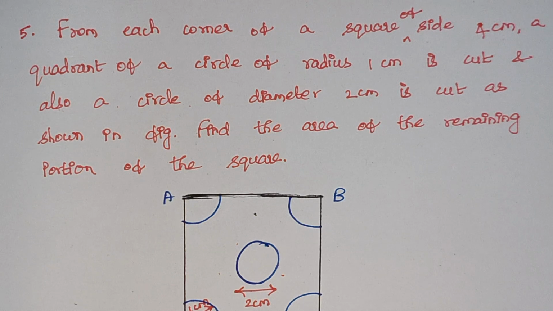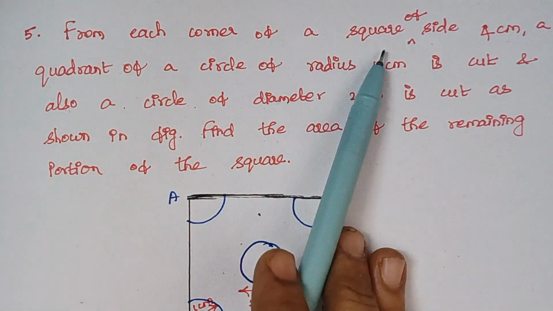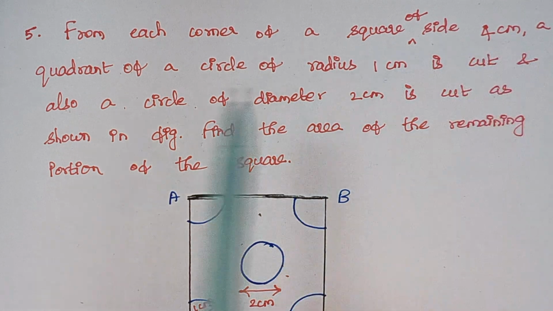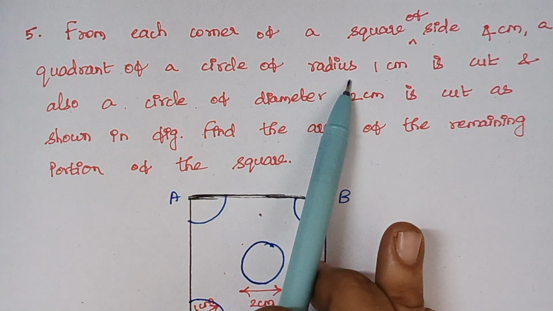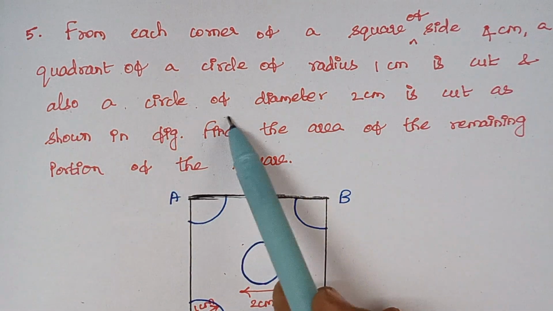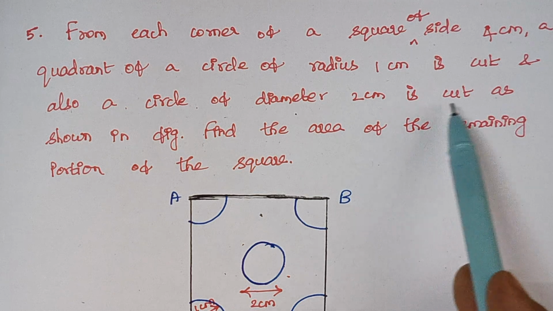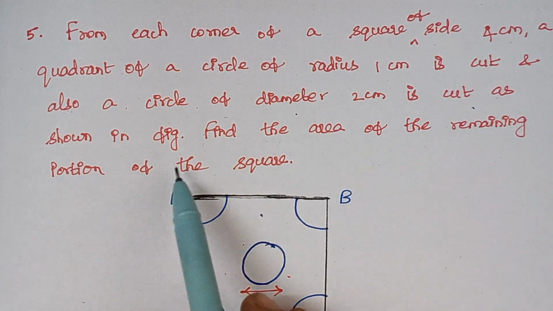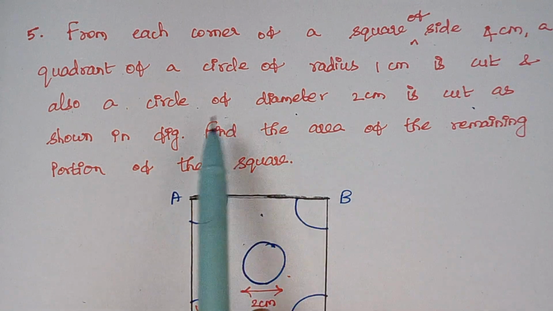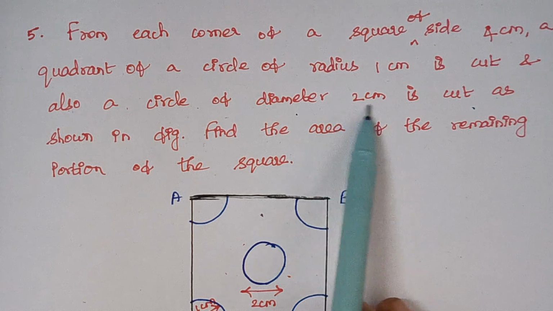Problem number 5. From each corner of a square of side 4 centimeter, a quadrant of a circle of radius 1 centimeter is cut, and also a circle of diameter 2 centimeter is cut as shown in figure. So here we are having a square, and you see there is a circle of diameter 2 centimeter.